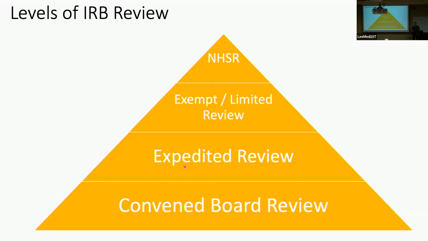So they don't have to go to the full board. Full board reviews everything that does not fall under an exempt or an expedited category. If we can't cycle or funnel it into an expedited or exempt category, it has to go full board. And there are some disadvantages of a study going full board that I'll talk about in a few moments.